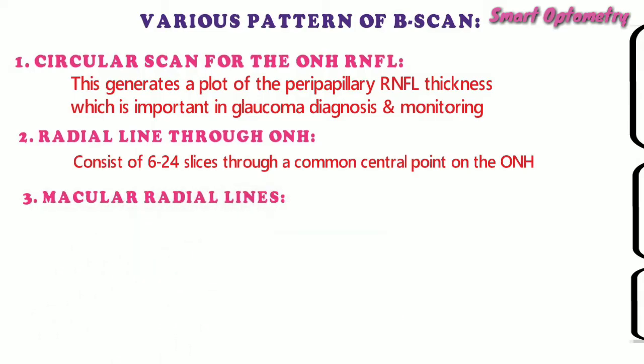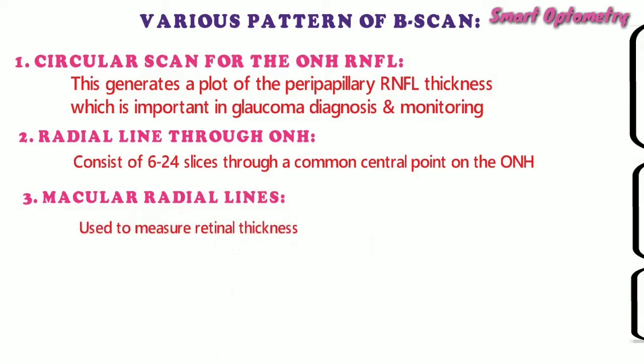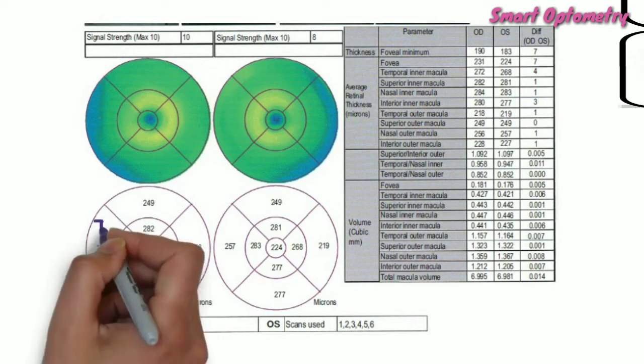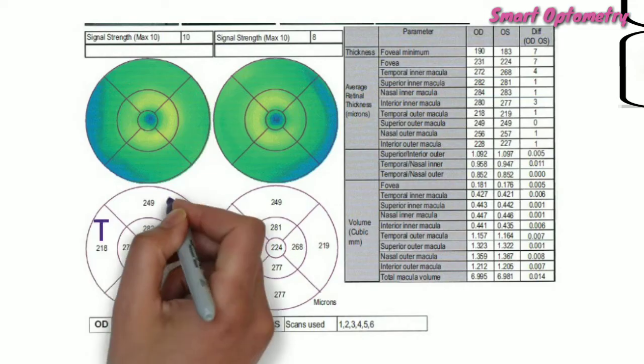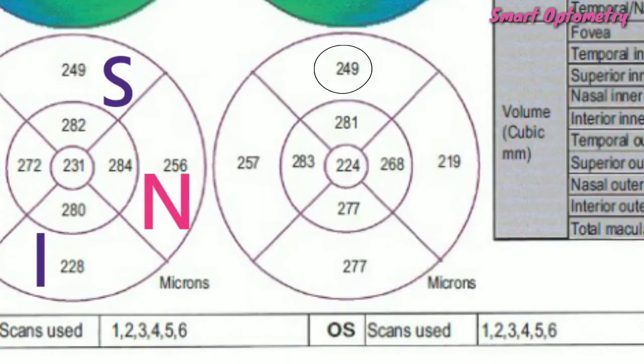Macular radial lines. These are used to measure retinal thickness. Here, this is the figure of macular radial line scan, and this is temporal region, this is superior region, this is nasal region, this is inferior region, and the number inside the box represents the retinal thickness.